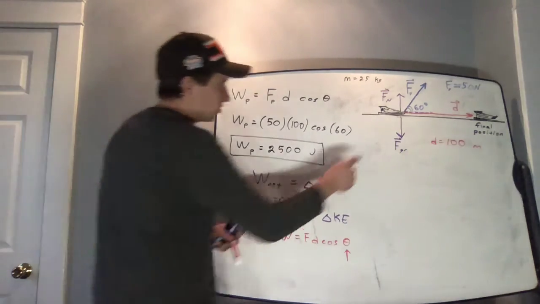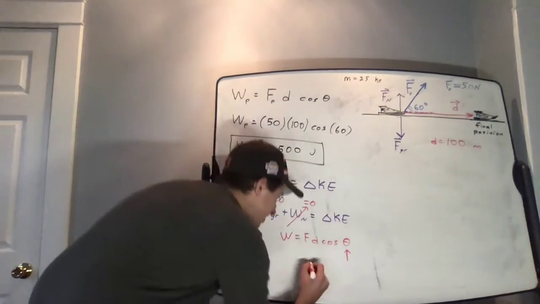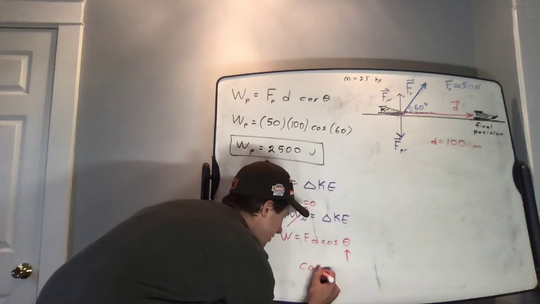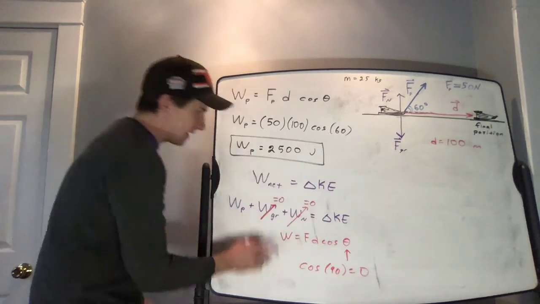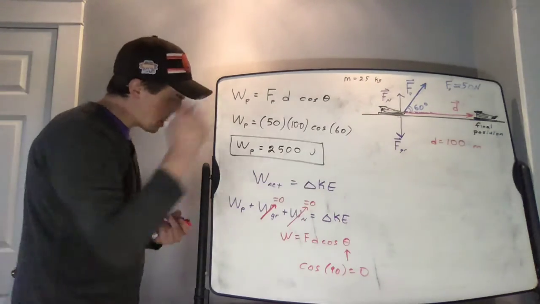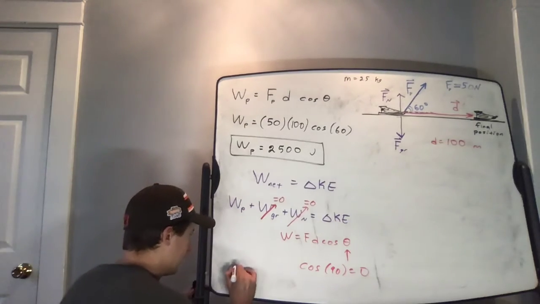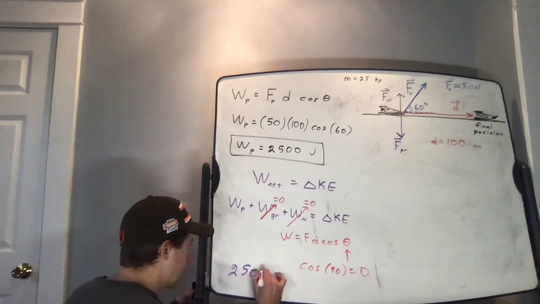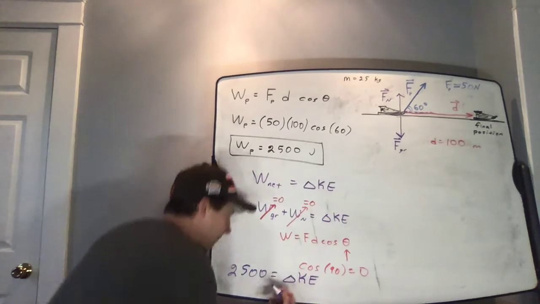Because these forces are perpendicular to displacement, I could right away say cosine of 90 is equal to 0, and it doesn't matter what any of those forces are. So all I'm going to be left with for the work kinetic energy theorem is 2,500 is equal to the change in the sled's kinetic energy.